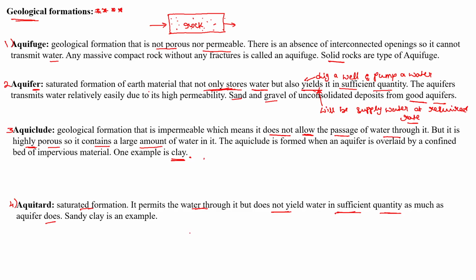Suppose you dig a well in some places, initially the water level may be here, but as you pump, the water level will go down, it will degrade further. Even after time delta t, the level may remain here or go down a little more. In this case, the formation is not providing enough quantity of yield. So these types of structures are called a geological aquitard.